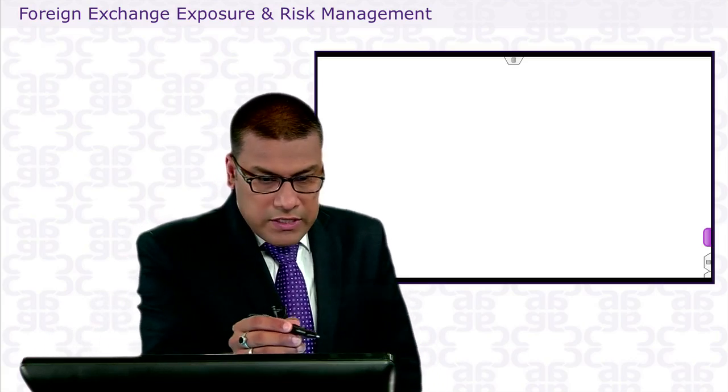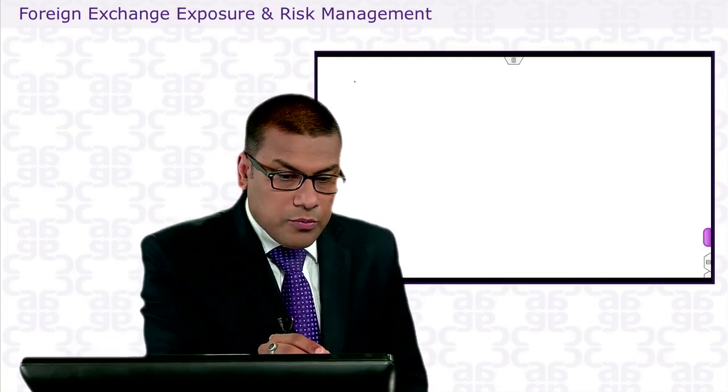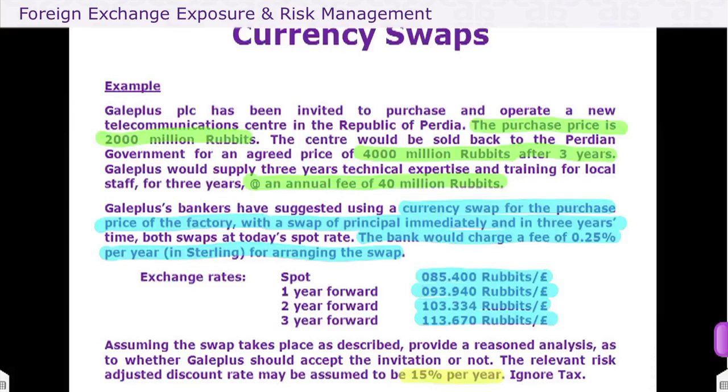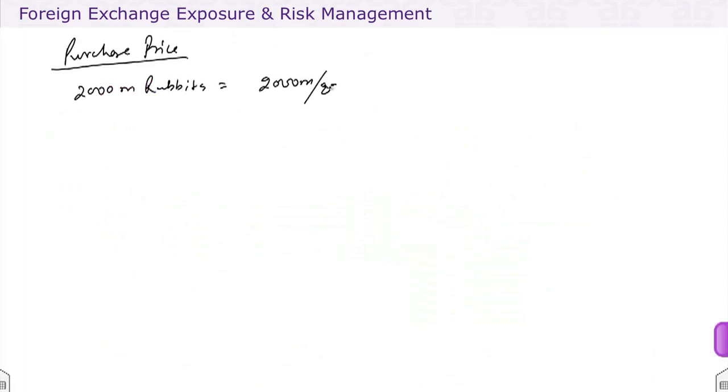What is happening in this case is that your purchase price for this center is 2,000 million rupees, which is equal to 2,000 million divided by the prevailing spot rate at that time, 85.40 rupees.